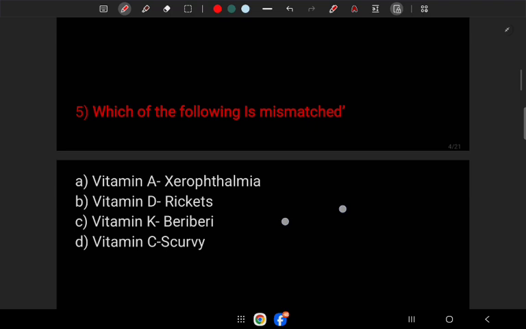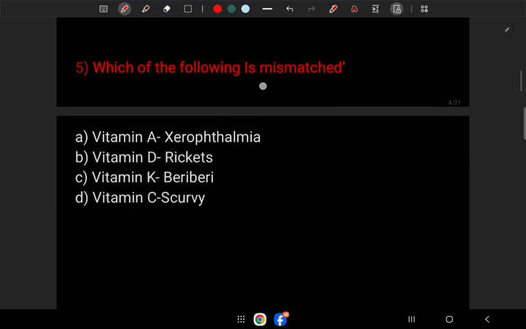Next question: which of the following is mismatched? Vitamin A, xerophthalmia. Vitamin A causes xerophthalmia, an eye problem. Vitamin D causes rickets in children and osteomalacia in adults. This is also right. Vitamin K, beriberi. Vitamin C, scurvy. Scurvy is right, but vitamin K is not beriberi.